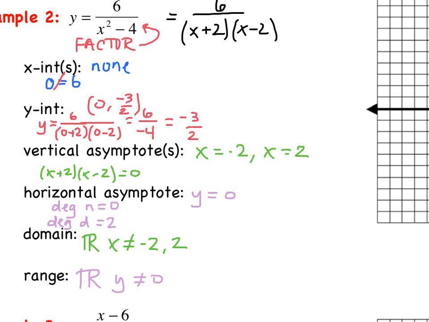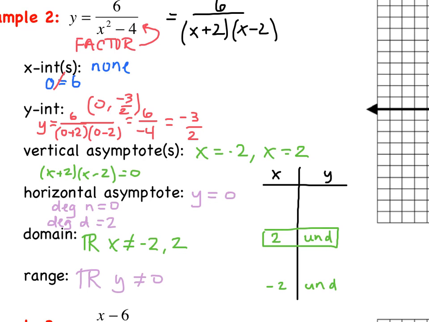Okay? So, first thing I'm going to do, let's go ahead and create the xy. And now I'm going to include both of these undefined values. So when x is 2, it's undefined, and when x is negative 2, it's undefined.